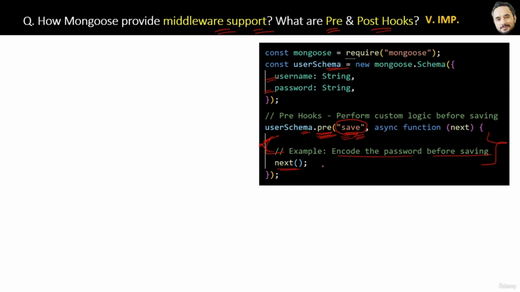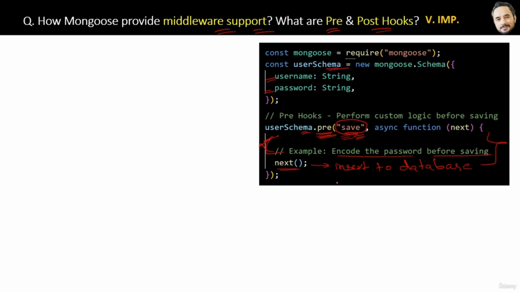This is used basically to execute the next operation, which is the insertion into the database. If you remember the role of the next function in middleware in Node, it is almost the same here. Here next will execute the next operation, which in this case is the database insertion.